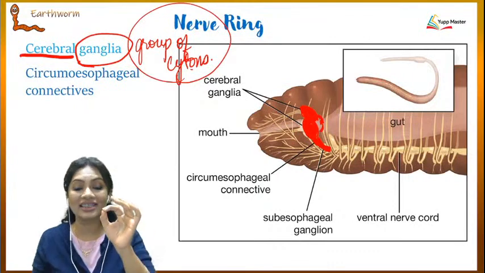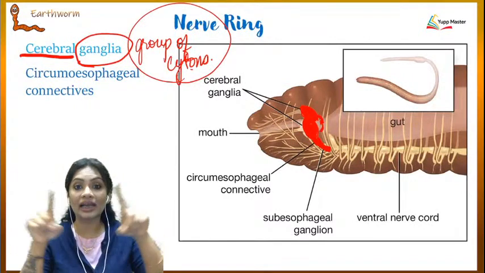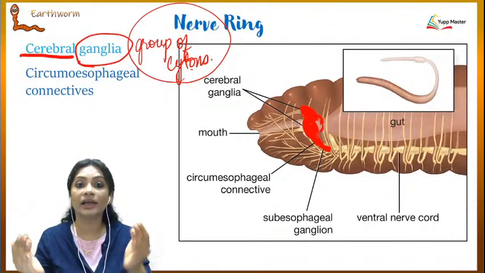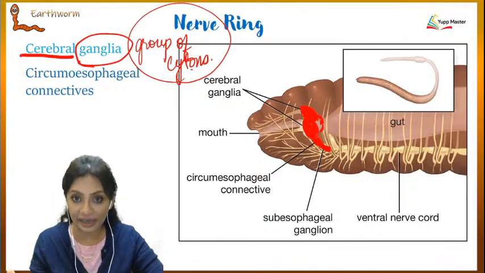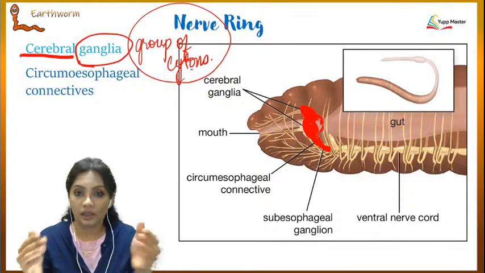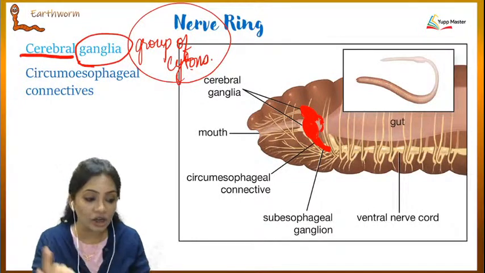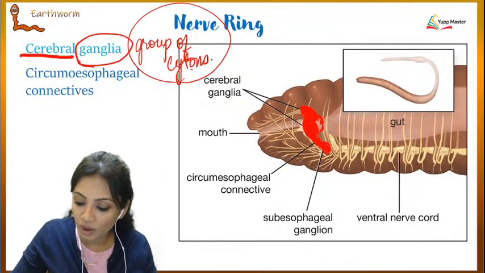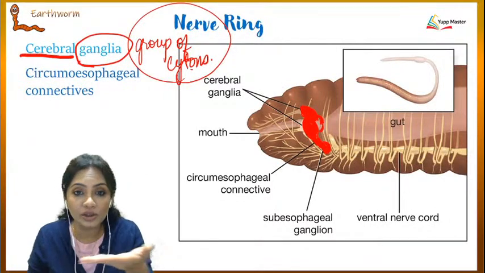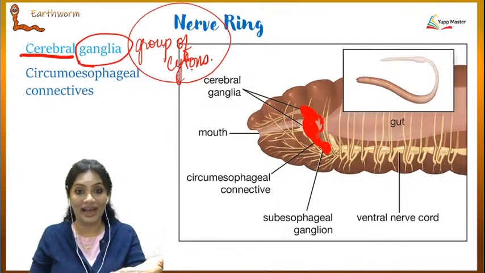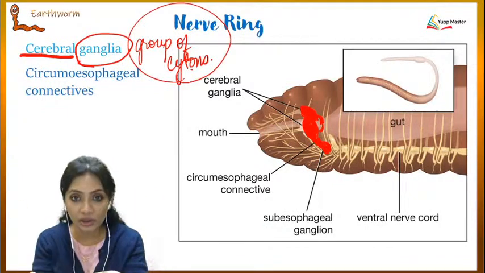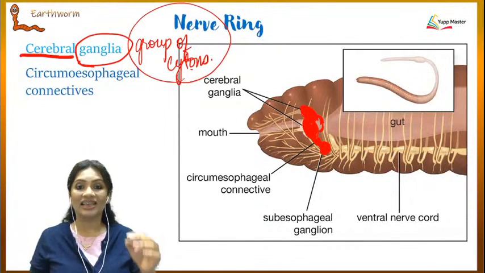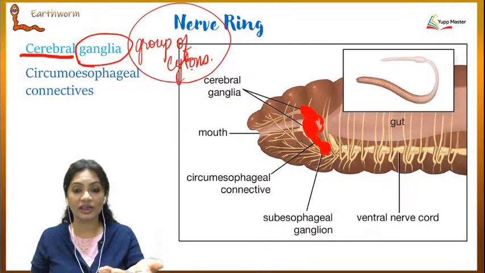Where is this nerve ring beginning? Beginning at the cerebral ganglia. How is it continuing? Continuing as the circumesophageal connectives. And the lowermost part, the ending of that nerve ring, is called the subesophageal ganglion. Why? Because it is below the esophagus. So this part over here in the ending is called the subesophageal ganglion.